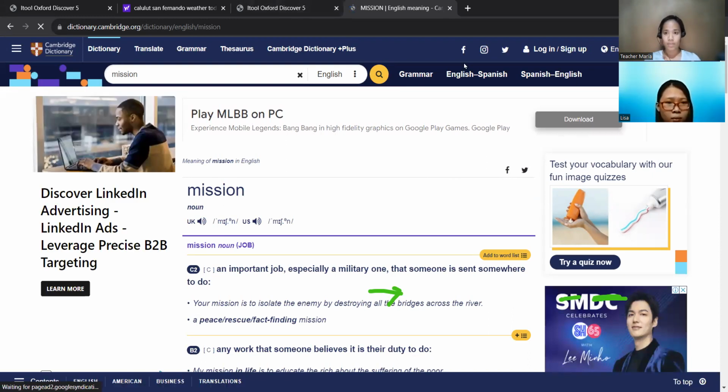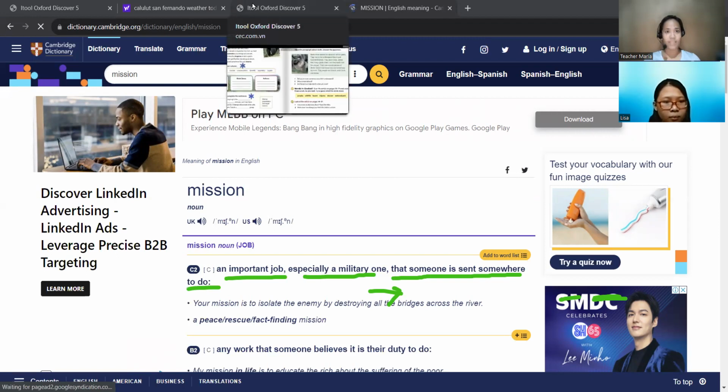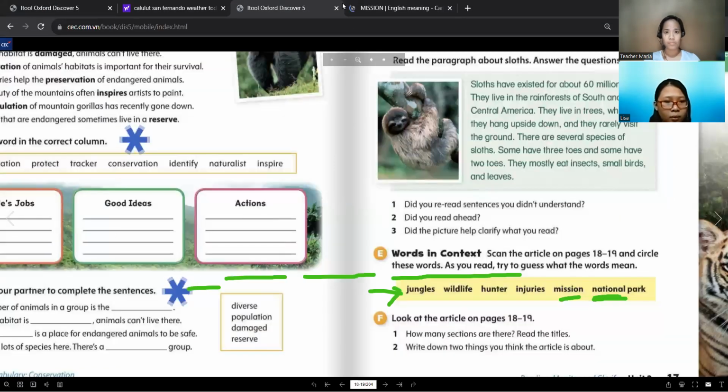An important job, especially a military one, or that someone is sent somewhere to do. So they have a mission. Yes, I mean, there's a job for someone to do. Even in school, we have a mission, right? Yes. Okay. Now we will move to the next page.